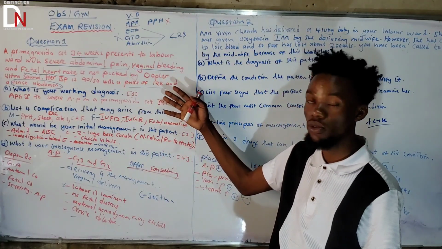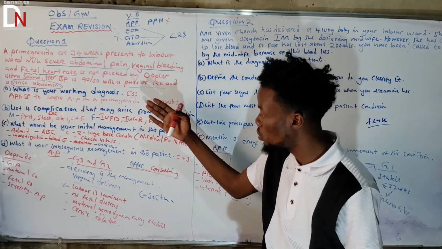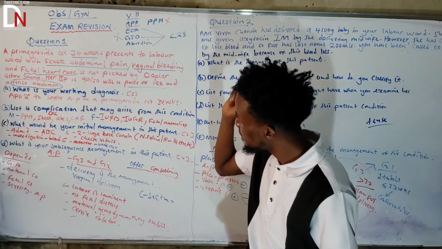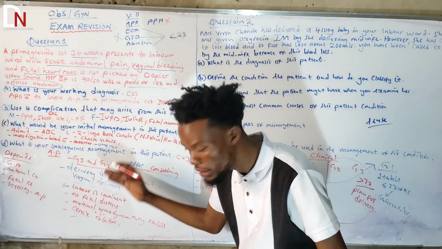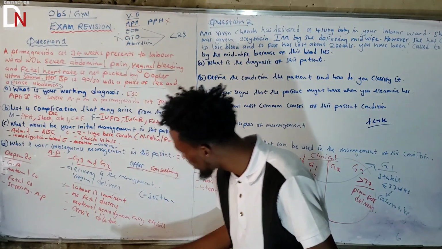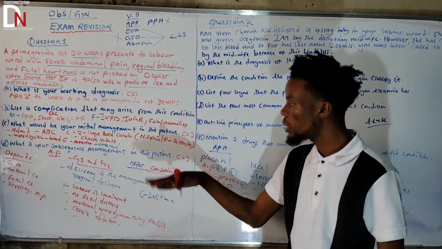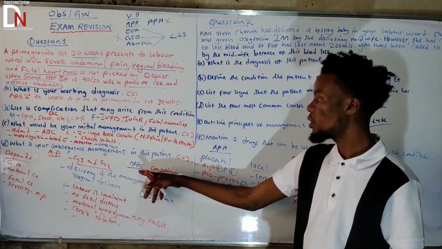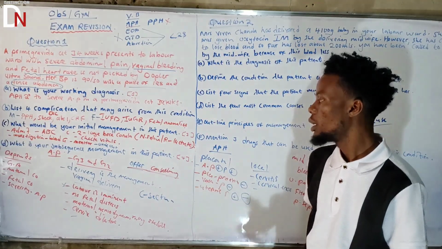In this case the fetus is dead, so you deliver via the vagina, that's the choice. If there are contraindications, do C-section. Then, since the fetus is dead, you offer some psychological counseling.